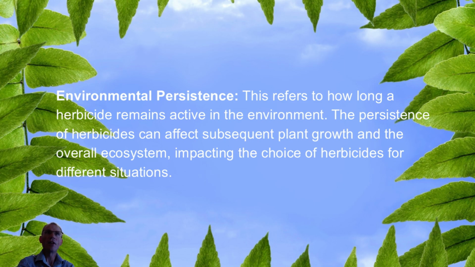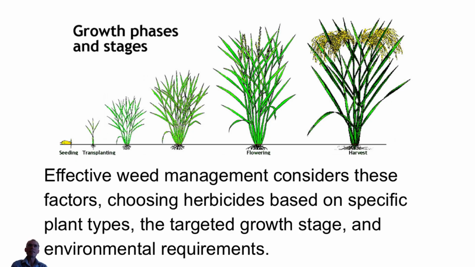This refers to how long a herbicide remains active in the environment. The persistence of herbicides can affect subsequent plant growth and the overall ecosystem, impacting the choice of herbicides for different situations. Growth, phases, and stages. Effective weed management considers these factors, choosing herbicides based on specific plant types, the targeted growth stage, and environmental requirements.